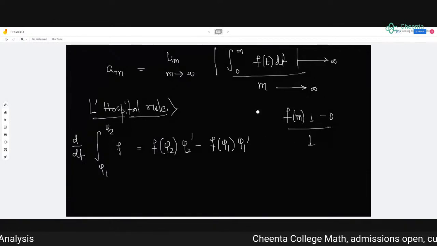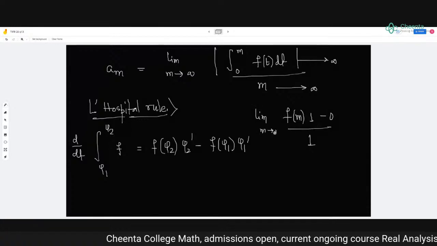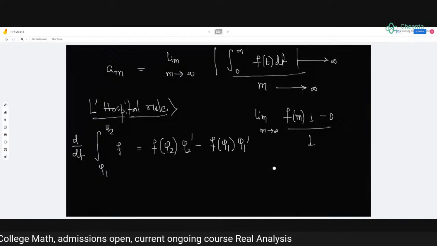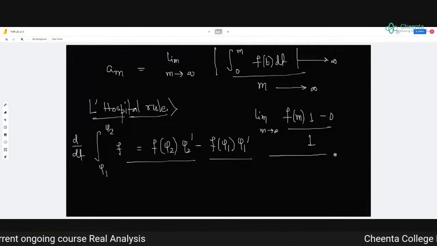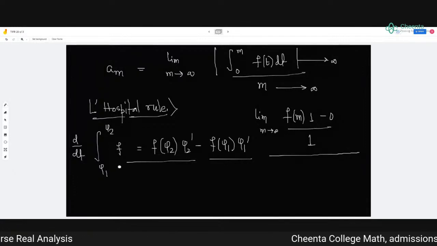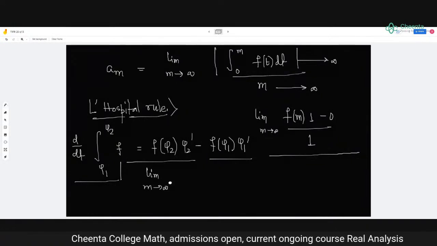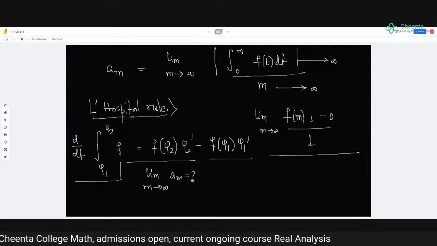So if you take this, then what you have is the limit as m tends to infinity of f of m by 1. So now our goal is reduced to proving this. What we wanted to show at the beginning was the limit as m tends to infinity of E_m.